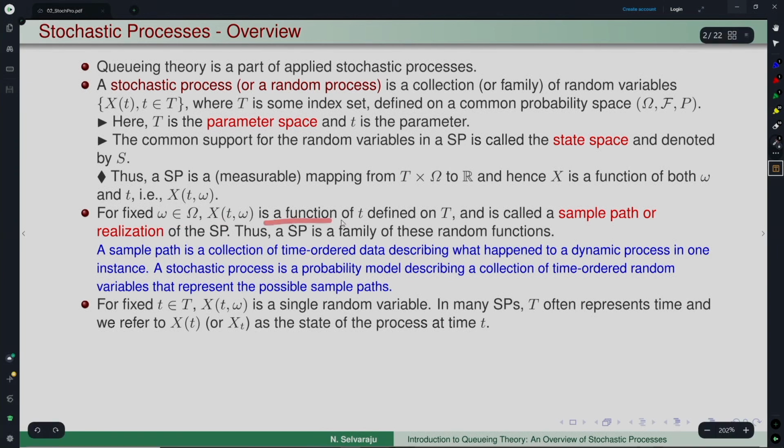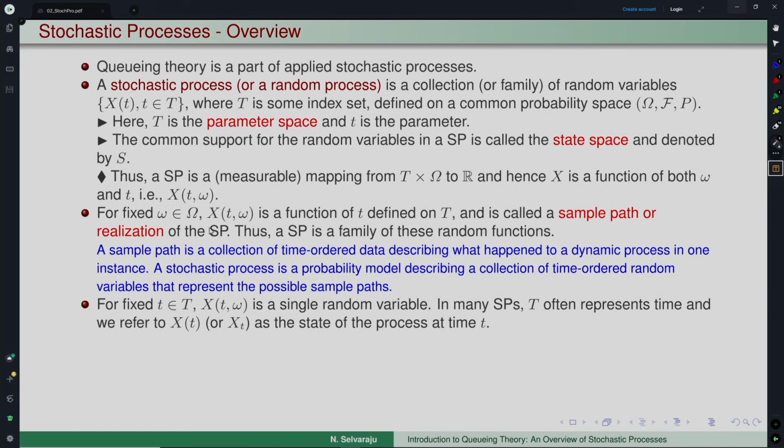And such a function is what is called a sample path or realization of a stochastic process. So, you can view the stochastic process, which is nothing but this family of random variables, as a family of these kind of functions, one for each omega you have, and then you put this collection together, and that is what you call the stochastic process.